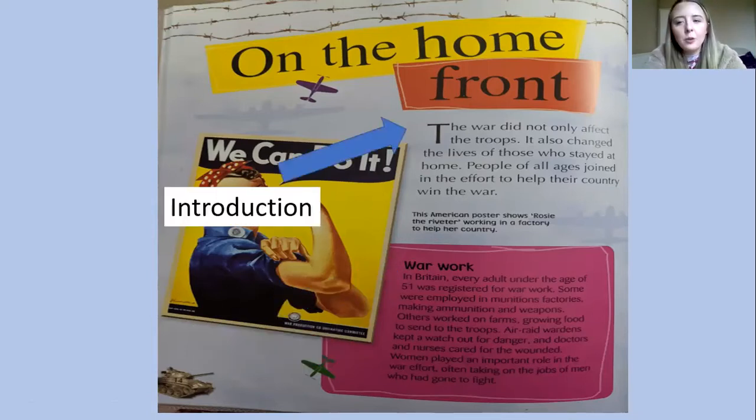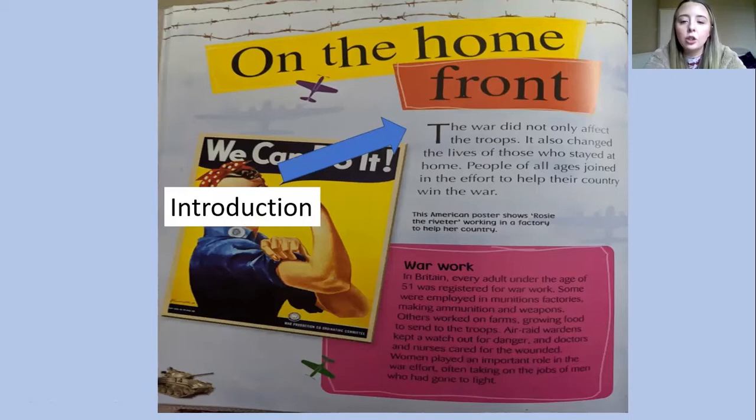Up here, this little bit of writing here is an introduction. Now, we wrote introductions for our Tutankhamun Egyptian work, and they were really tricky to write, weren't they? Because it's a bit of a summary of what the whole page will be about. So it says here, the war did not only affect the troops, it also changed the lives of those who stayed at home.